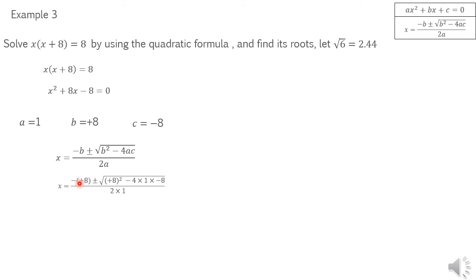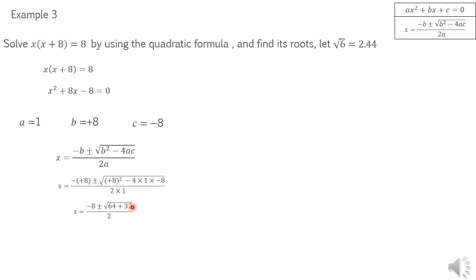Now here you can simplify the negative sign and positive sign, then multiply, and you get negative 8. Then within the square root, 8 square is 64. If you multiply these three numbers, 4 into 1 into 8, that is 32. What is the sign? 4 is negative, 8 is negative. When you multiply negative sign by negative sign, you get positive 32.